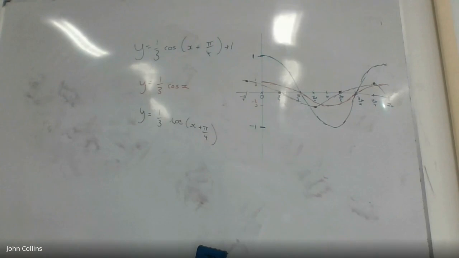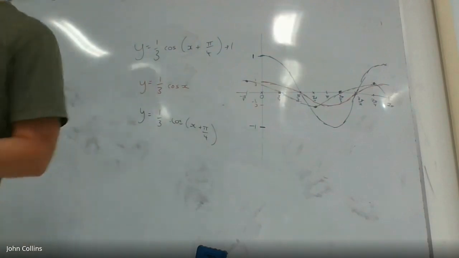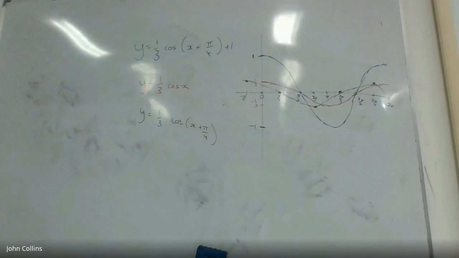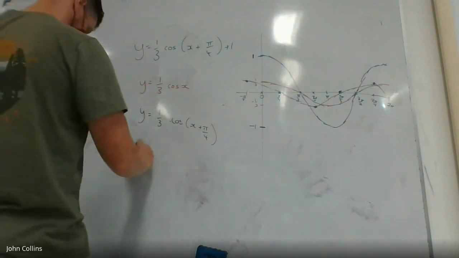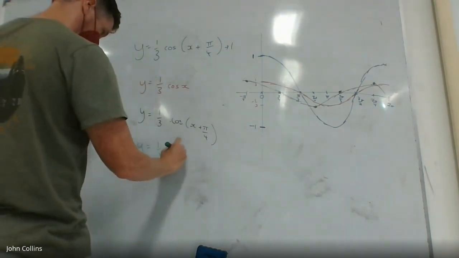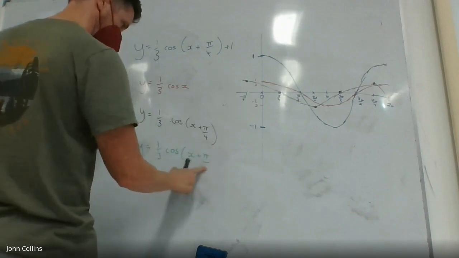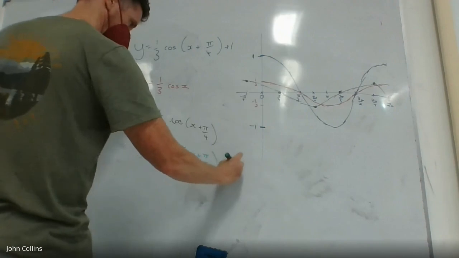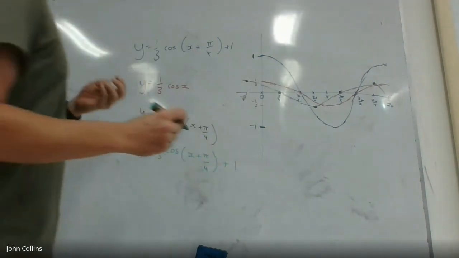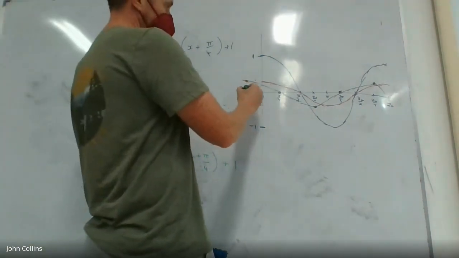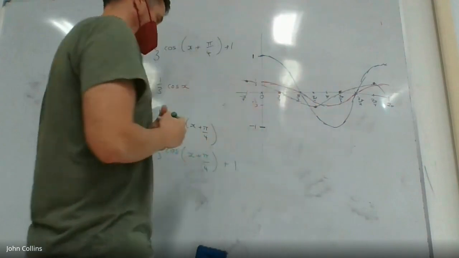And then to add 1 to it, what should happen? Yeah, it should levitate up. So I'll try and do it in green. +1. Okay, so that means where the middle point was 0, the middle point now is going to be at 1.